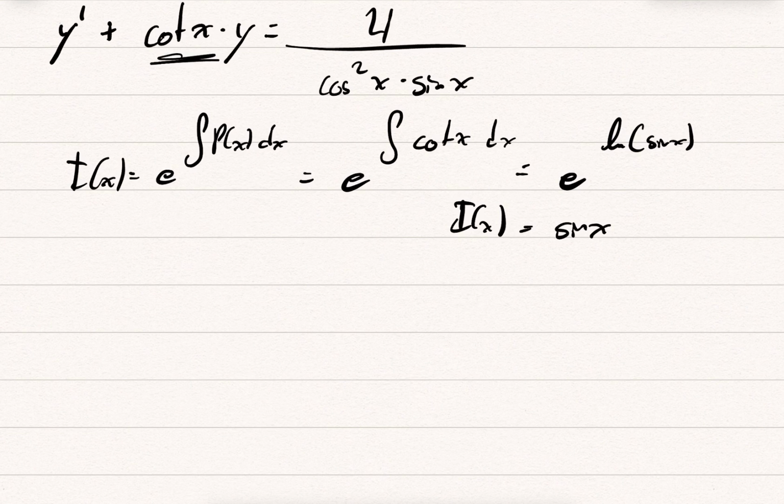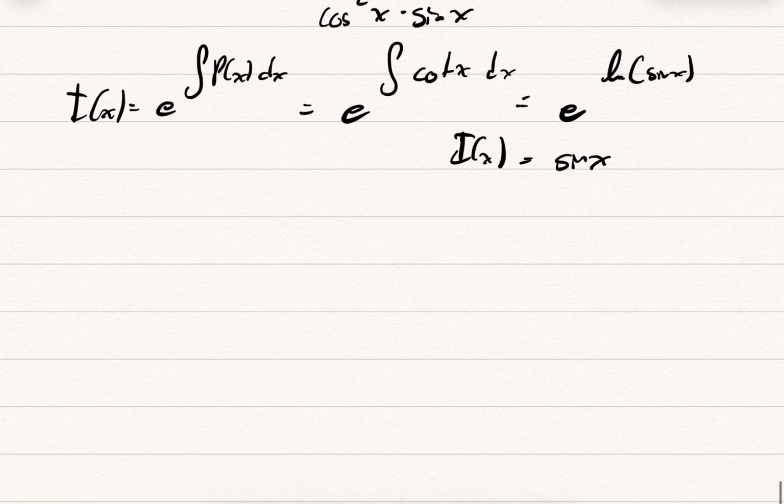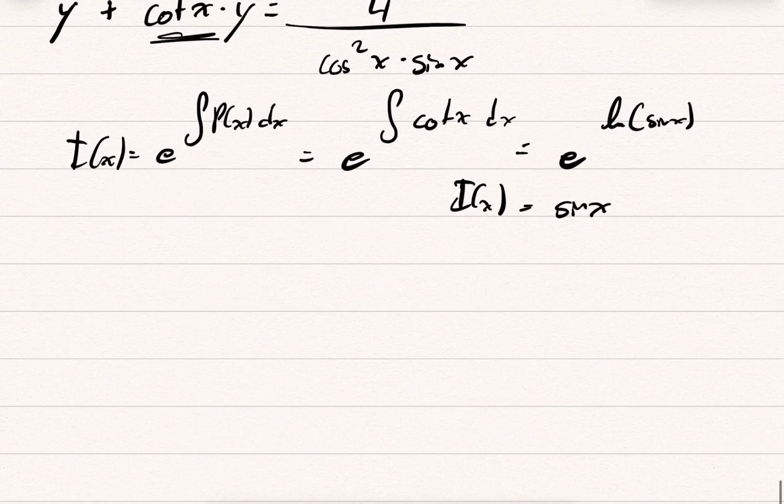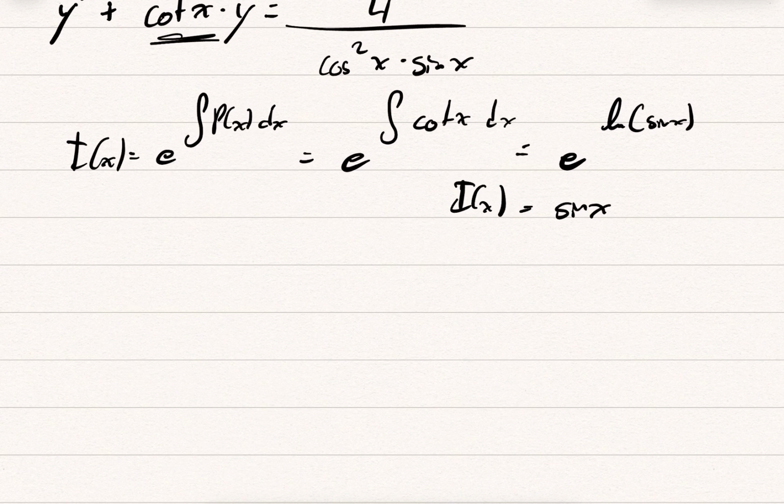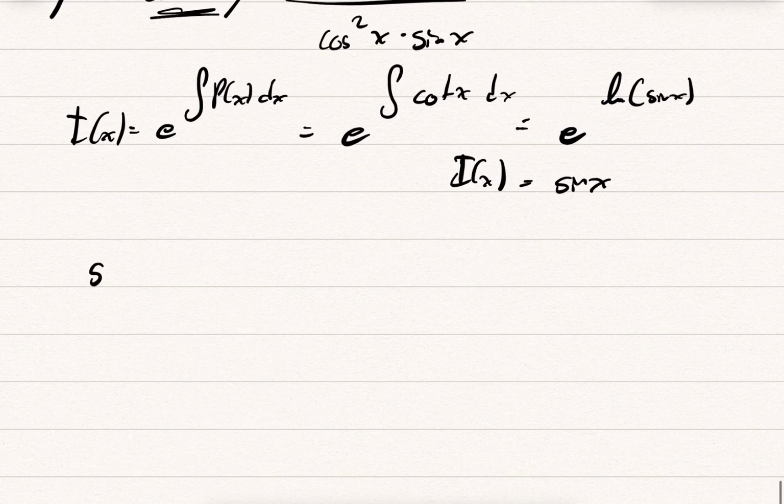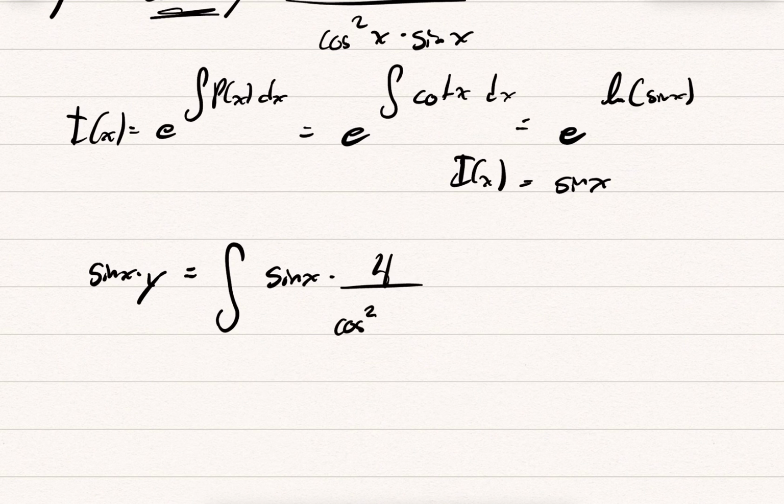Okay. Everything cool? So, now I want sine x times y. And I'm not going to keep going through every single step. Times 4 over cos squared times sine x.